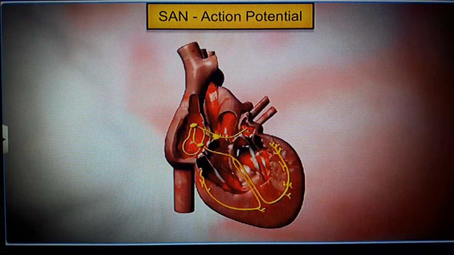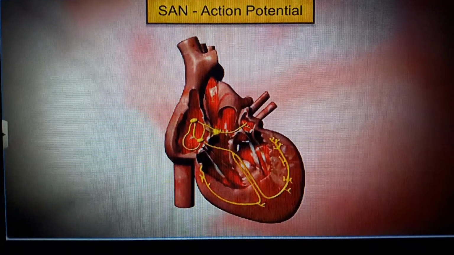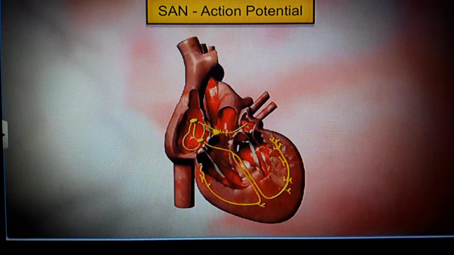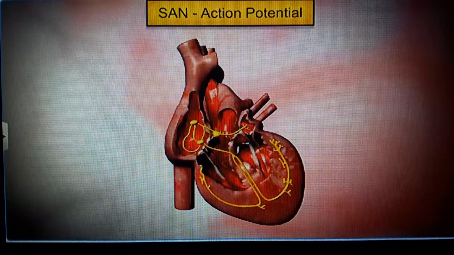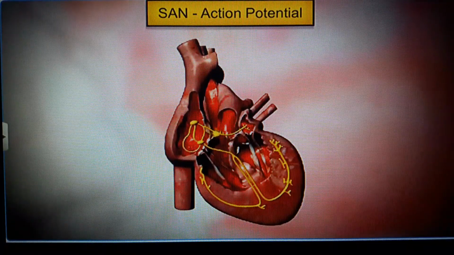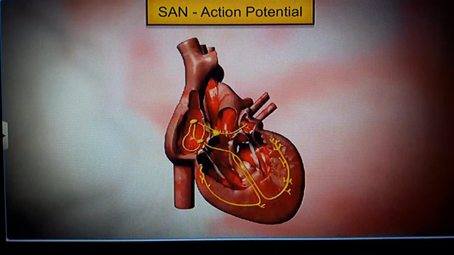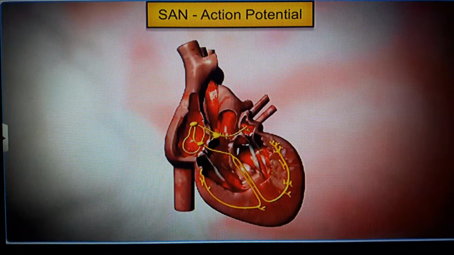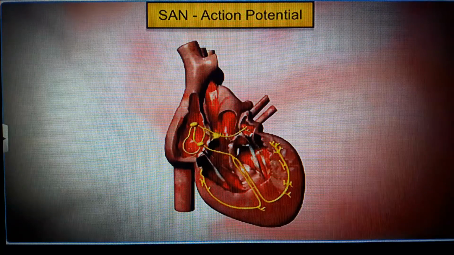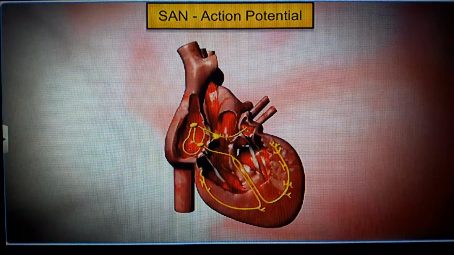So friends, the fibers of the SA node have the ability of self-excitation and control the rate of the entire heartbeat. The fibers of the SA node have a high concentration of sodium ions in the extracellular fluid and negative charge inside the nodal fibers.